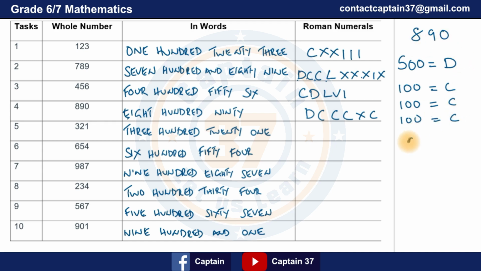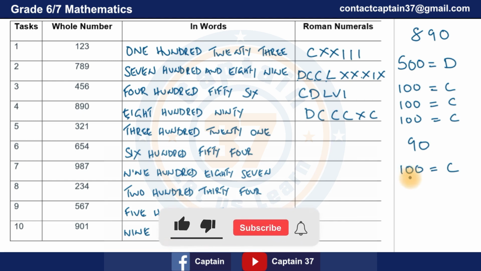What is then remaining is 90. This 90 is closest to 100, and 100 is represented by the letter C. But it is not 100 that we want, it is 90. It therefore means that from this 100, we take away 10.